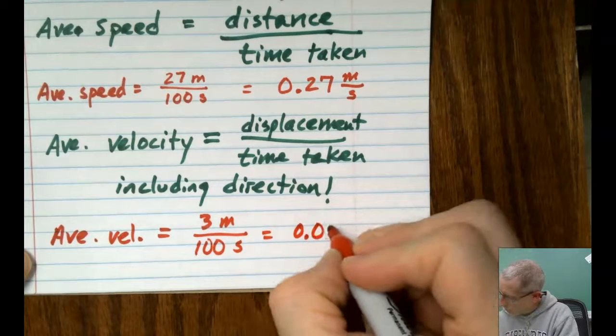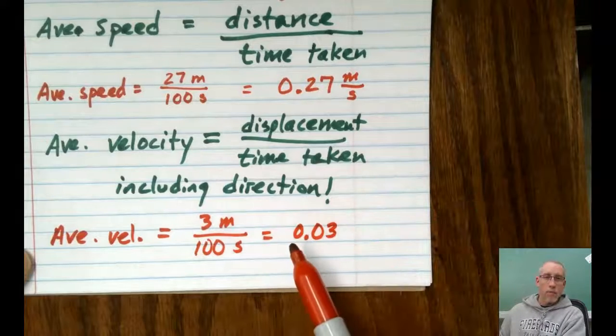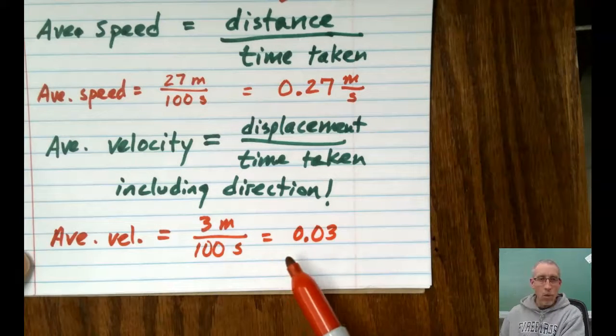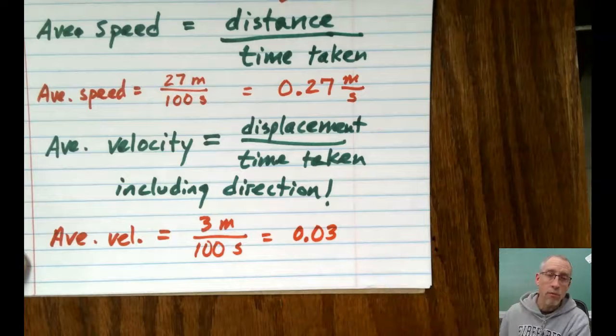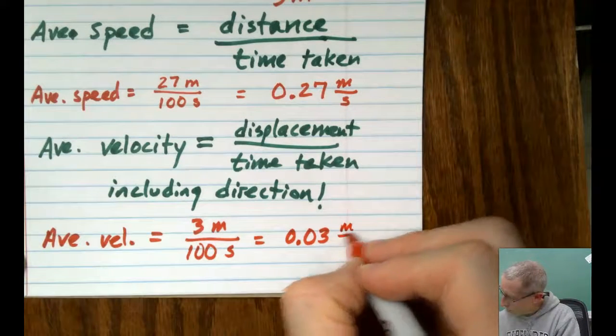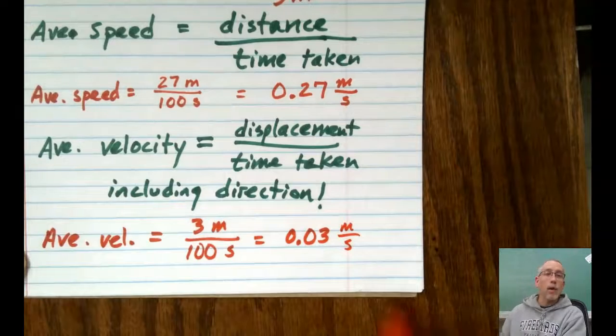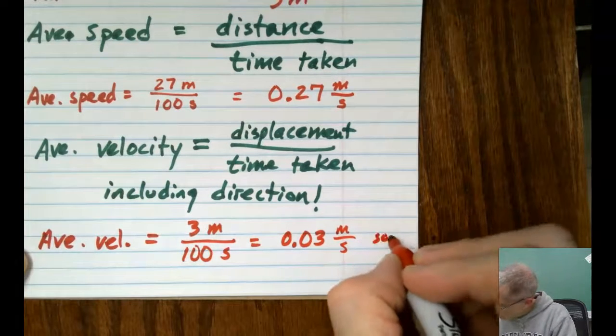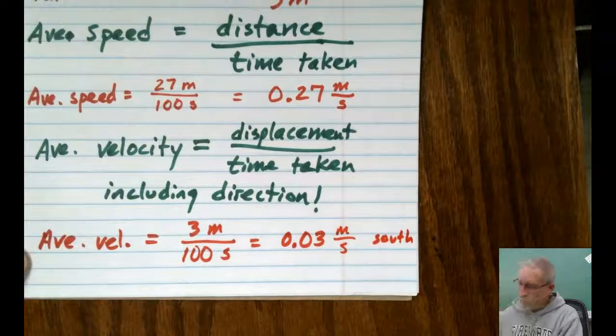I like you to write 0.03. Sometimes people miss the little dot when you write a decimal. When you write 0 dot, it's pretty obvious that you mean for there to be a dot there. The units are still the same, meters per second. And now we include the direction. So we can write the word south.